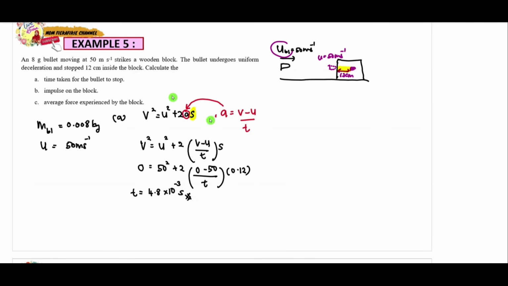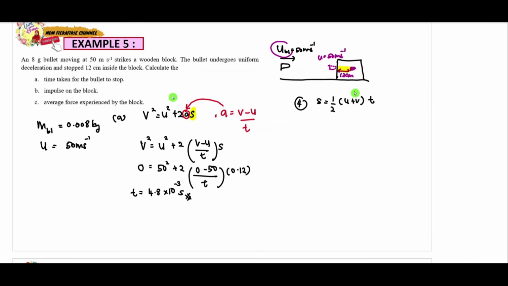Or if you say you don't want to use this formula, if you have watched my previous video, I introduced the fourth equation, which after derivation is s equal to half u plus v times t.